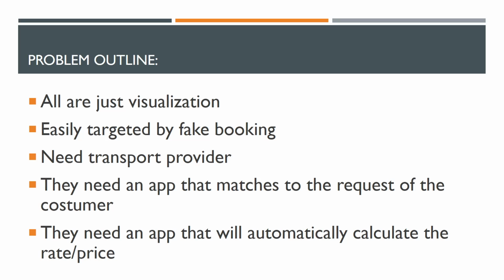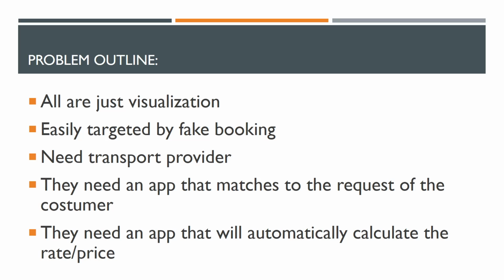So the problem outline. The main problem of the company is that it is just a visualization, and also we are creating an online application that offers delivery and online booking, which is particularly a common target for fake booking. All the company's needs are: first, an app where transport providers can register their vehicles under a specific category.